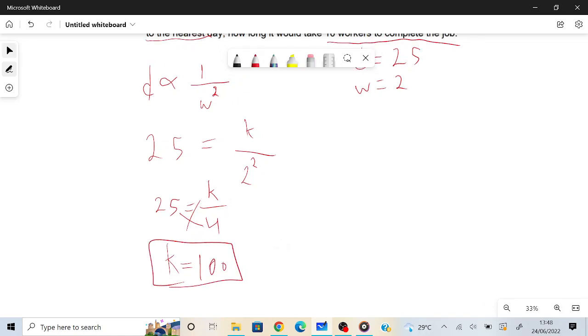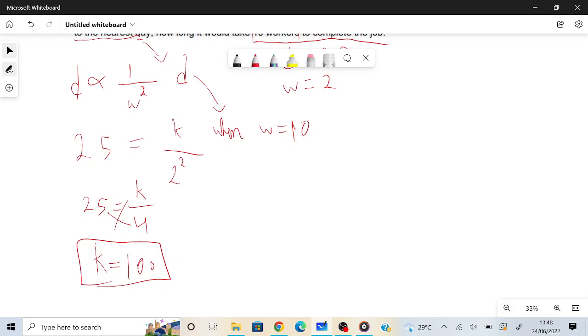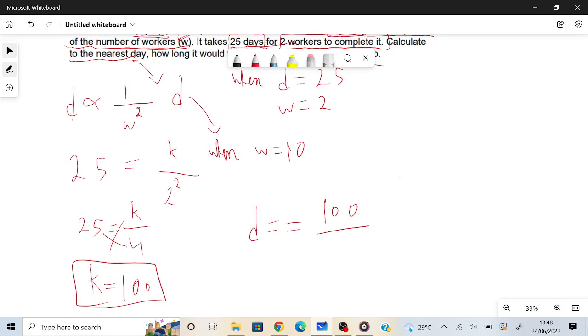Now that we know our k, we can solve the answer to this question, because it said calculate to the nearest day. That means it's telling us to find D, how long it will take 10 workers. So basically calculate D when W is 10. Forming our equation again, we have D, that's what we're trying to find, equals our k, which we got as 100, all over the square of 10.